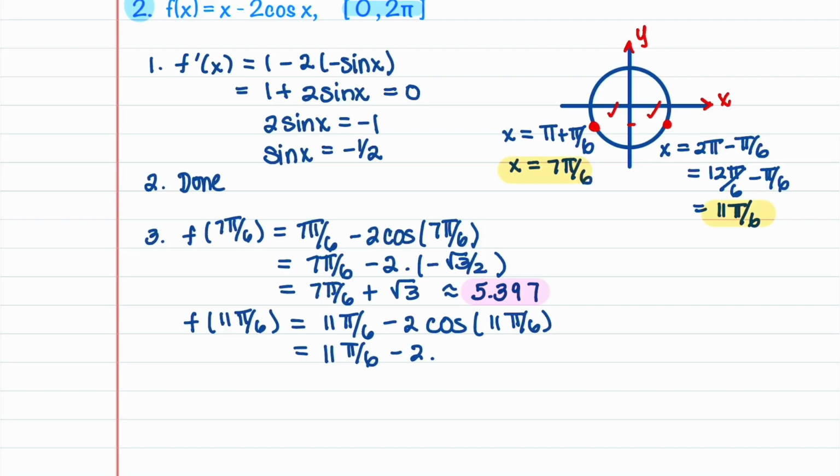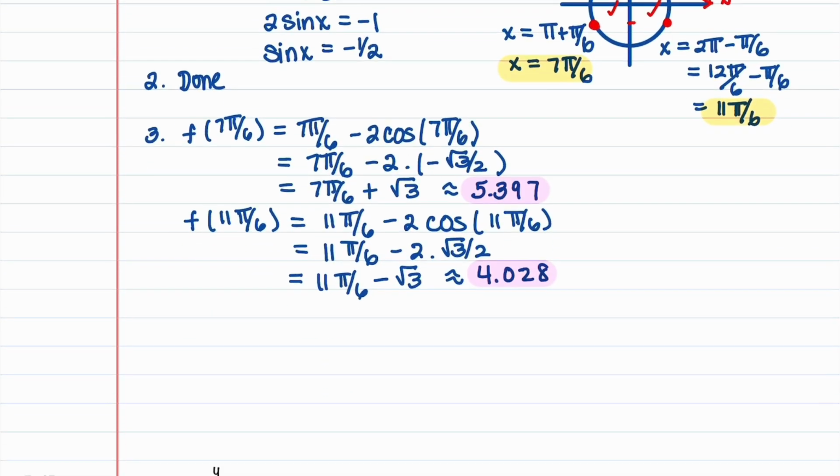Now let's think. 11 pi over 6 is in the fourth quadrant. Cosine is positive in the fourth quadrant. So this is a root 3 over 2. And this gives us 11 pi over 6 minus root 3. And this is approximately 4.028. And let's go ahead and highlight that.